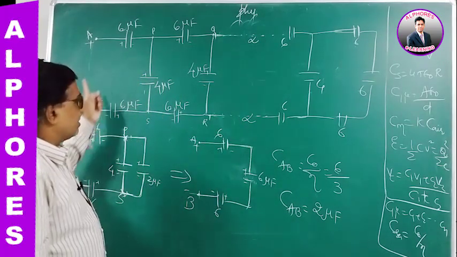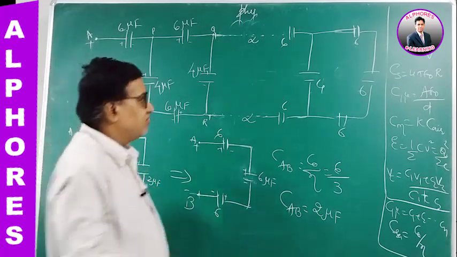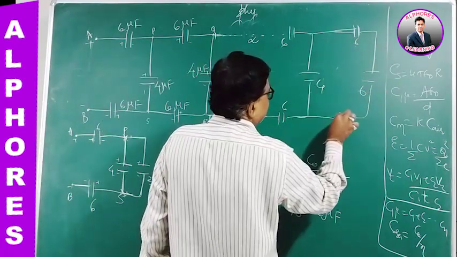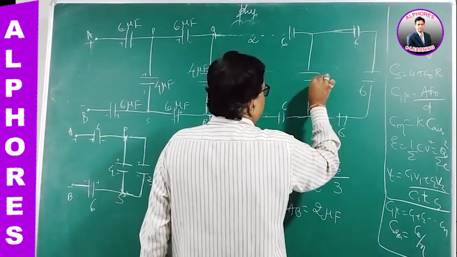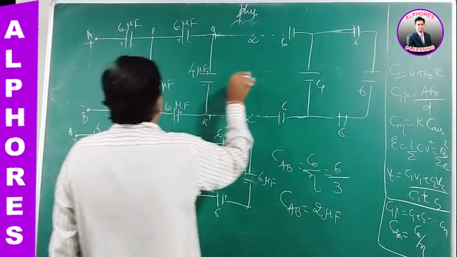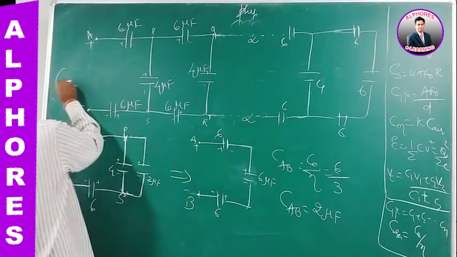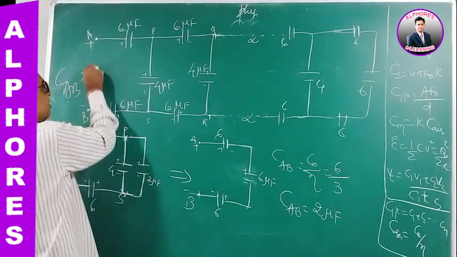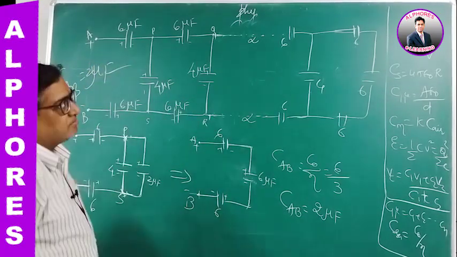And what is the resultant capacity? Well, again the last two 6 in series give 2, plus 4 is 6. Again 6 and 2 plus 4 is 6. The same thing. The resultant capacity between A and B will be 2 microfarad.